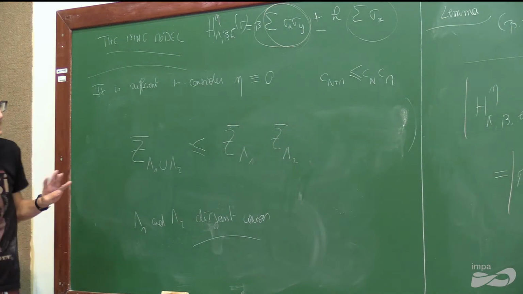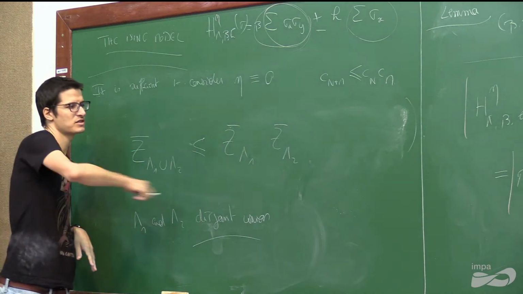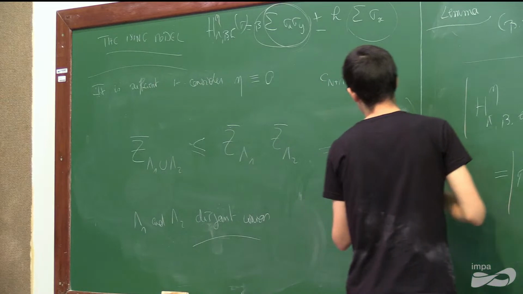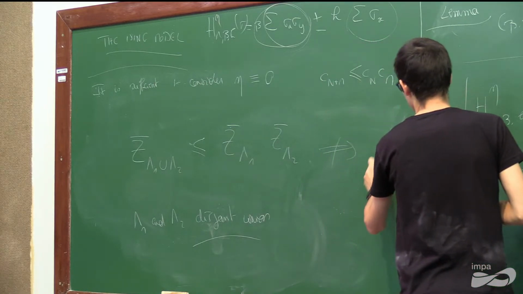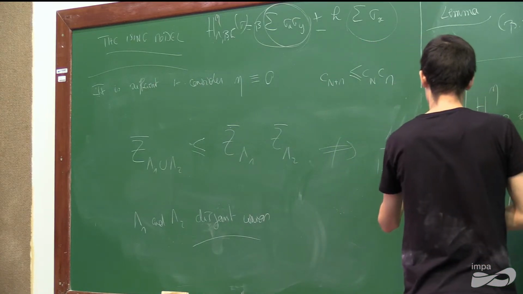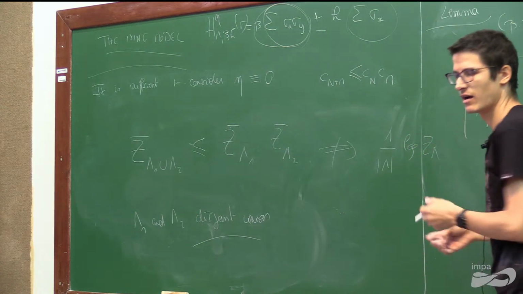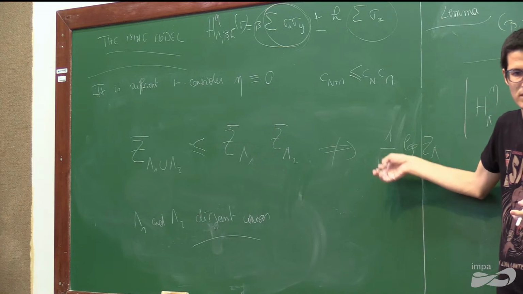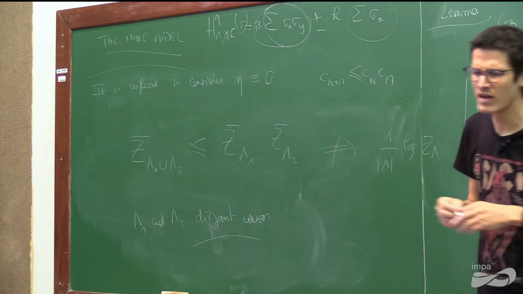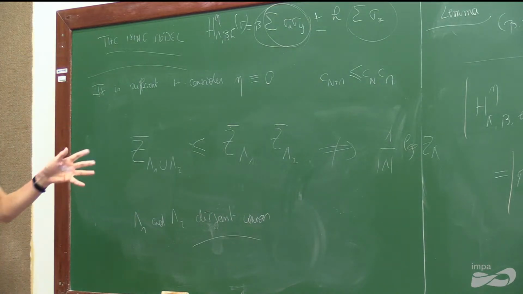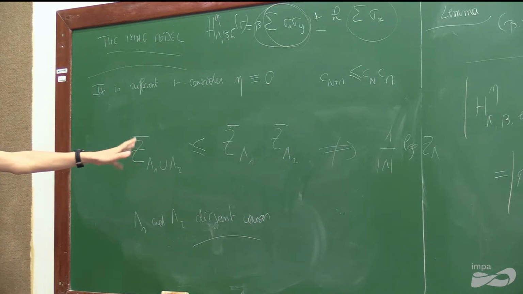It's not completely true that this is sufficient. This does not imply in general that 1 over lambda log Z lambda converges when lambda goes to Z^d in the sense of Van Hove. But it helps a lot, and you need only a few more ingredients to conclude.